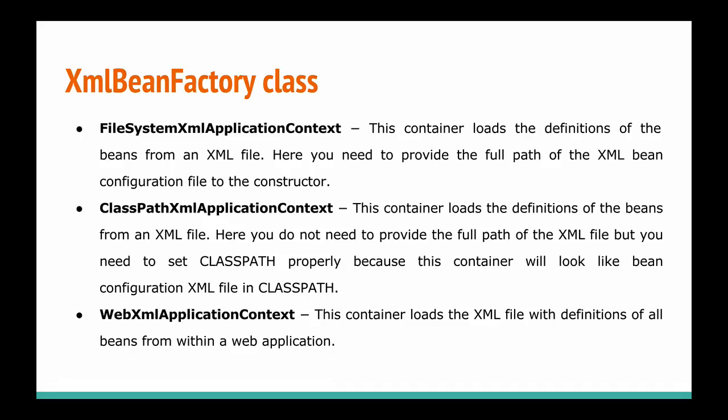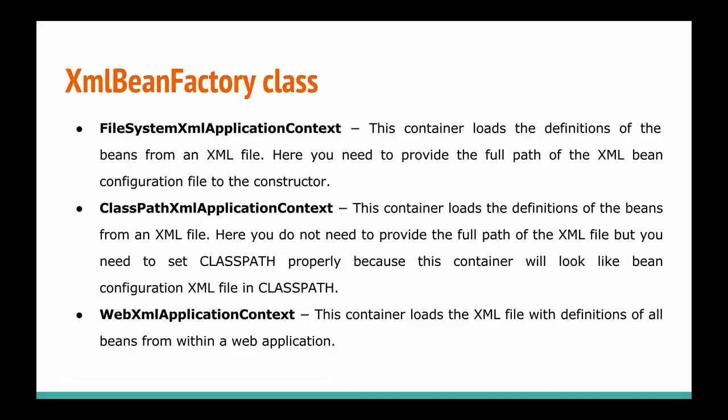The most commonly used application context implementations are: the first is FileSystemXmlApplicationContext. This container loads the definitions of beans from an XML file. Here, you need to provide the full path of the XML bean configuration file to the constructor.